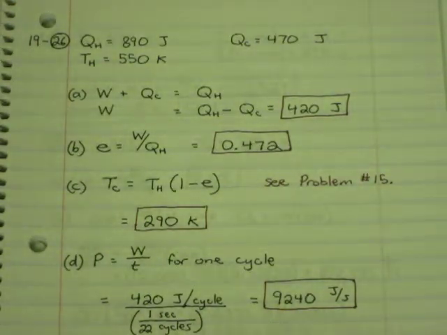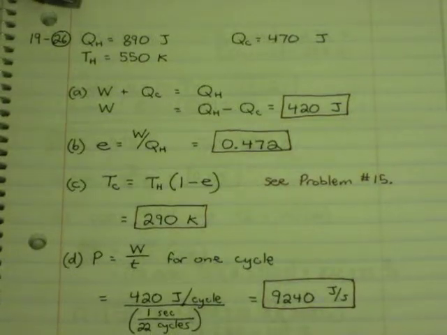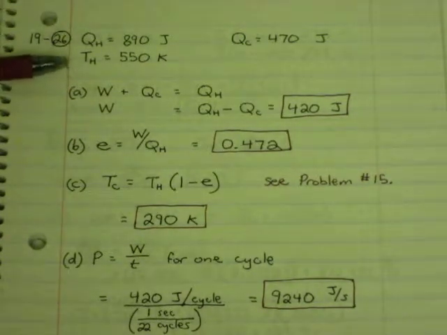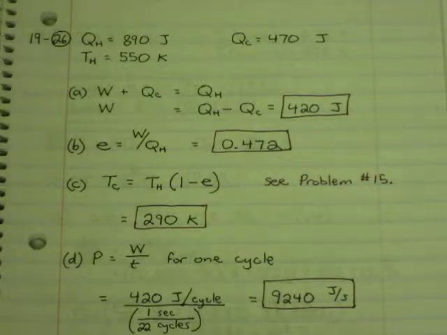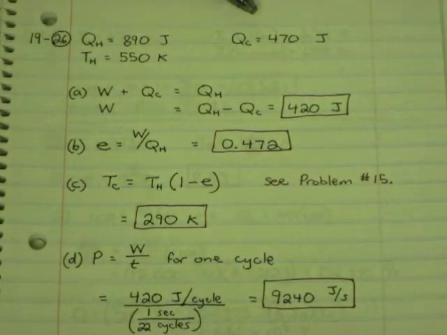Number 26, a Carnot engine extracts, so we have QH is 890 joules, TH 550 Kelvin, rejects 470 joules to a cooler reservoir, so QC is 470 joules.